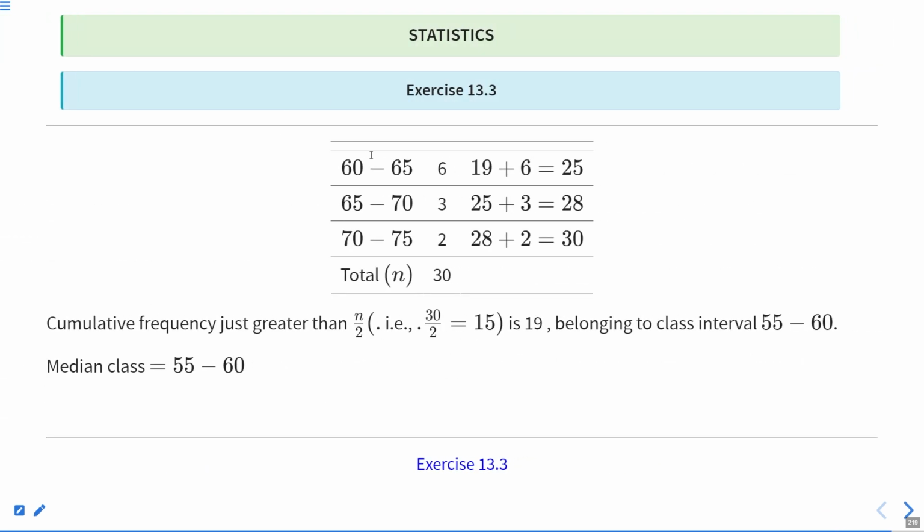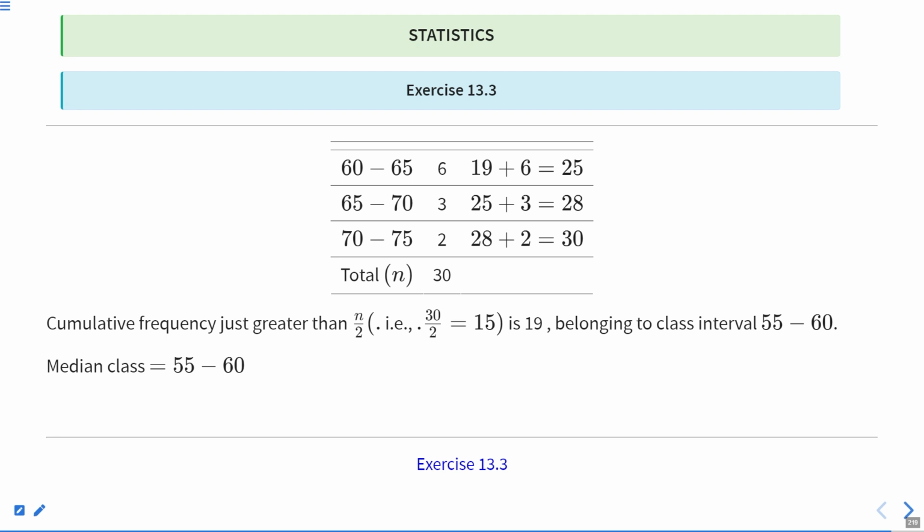For 60 to 65, it is 19 plus 6, that is 25. For 65 to 70, it is 25 plus 3, that is 28. For 70 to 75, it is 28 plus 2, that is 30. Here total n, that is total frequency, is equal to 30.